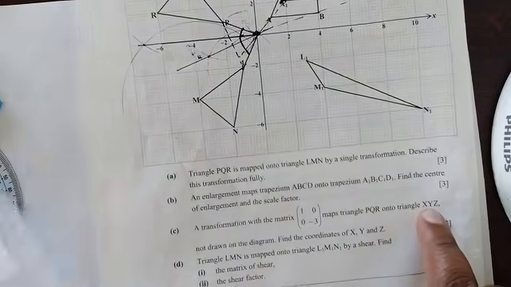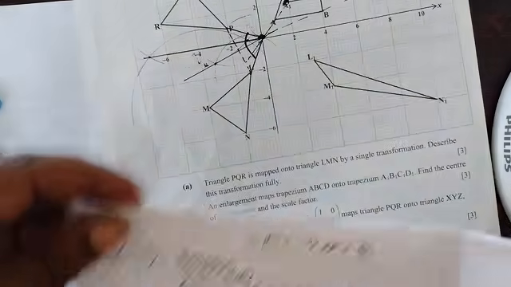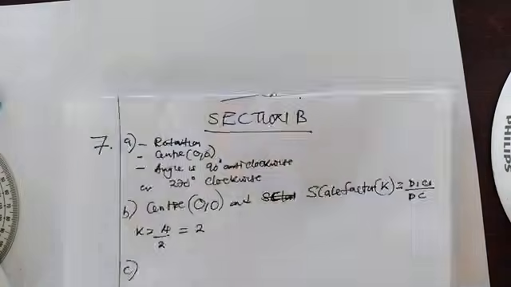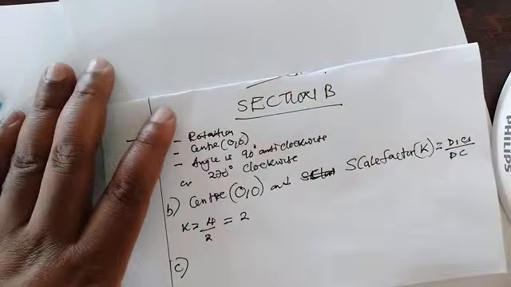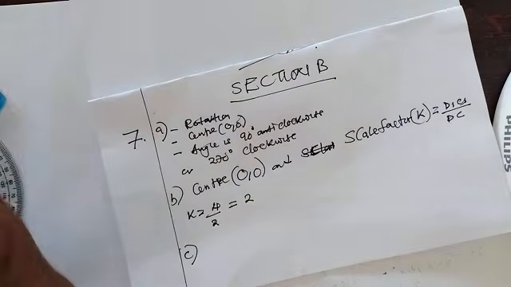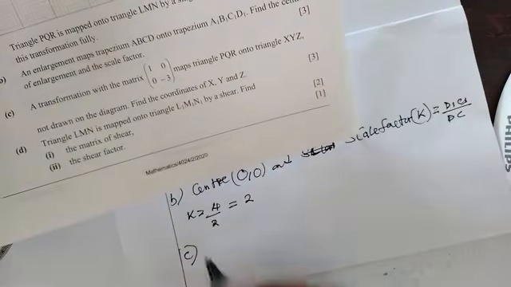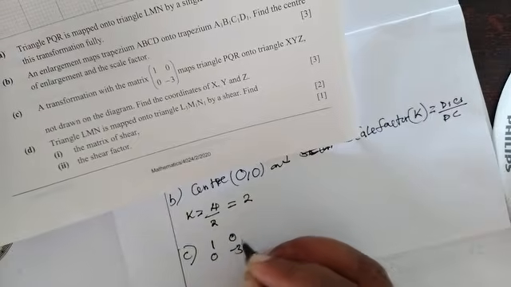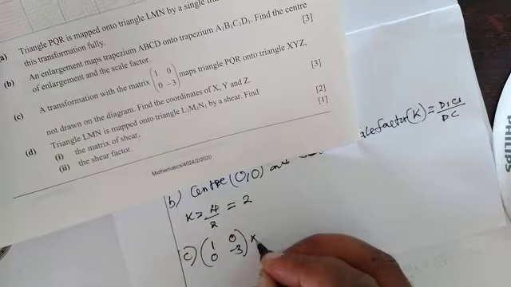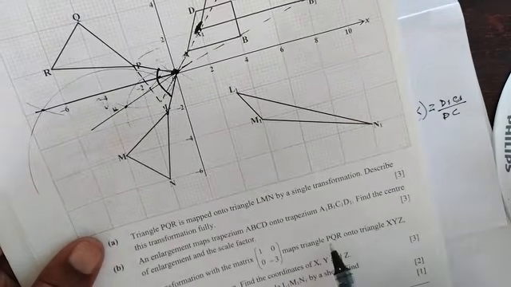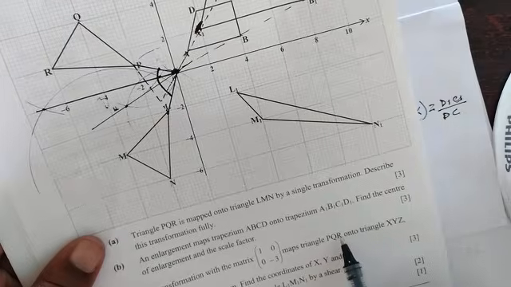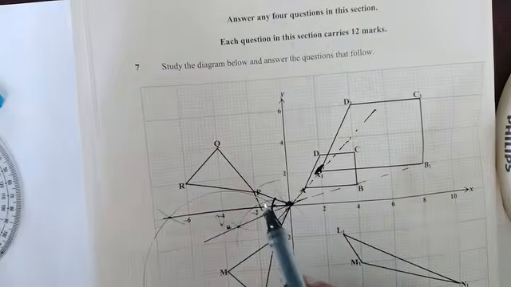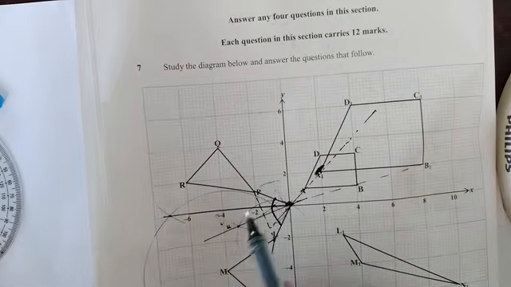So what we are going to do is, the given matrix is 1, 0, 0, negative 3. You multiply this by the object, which is PQR.